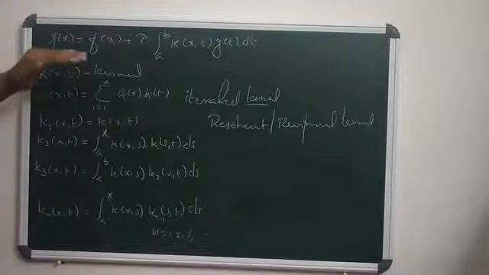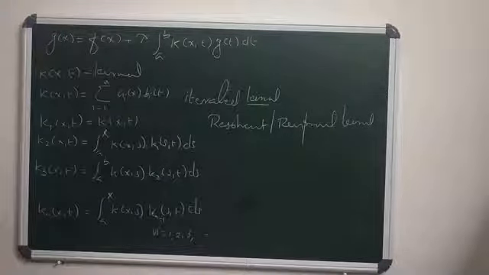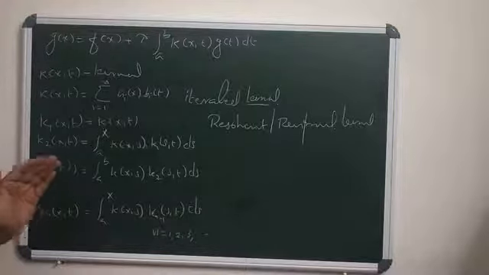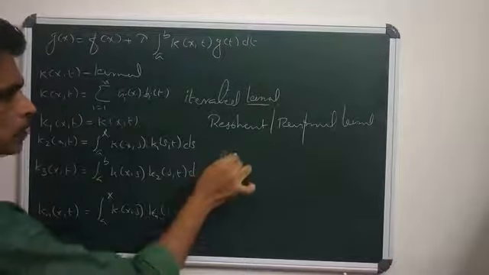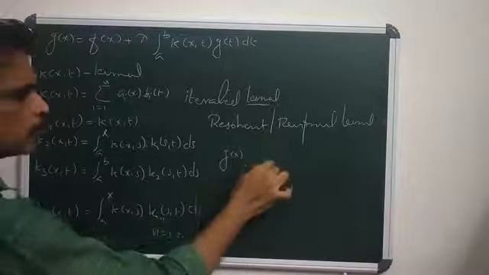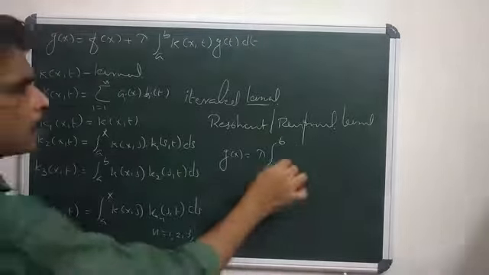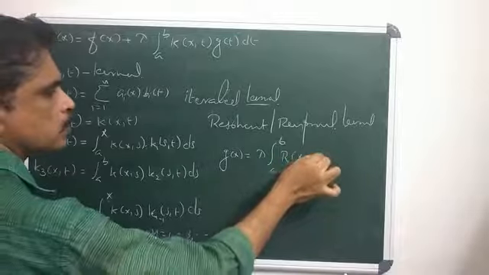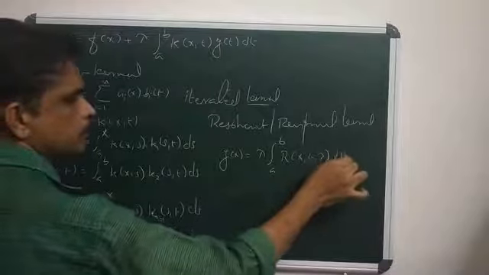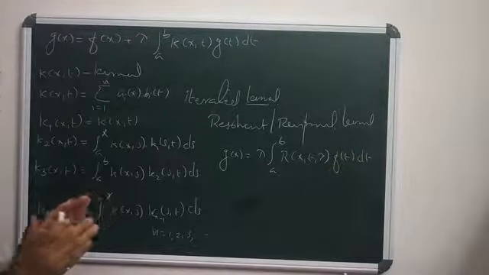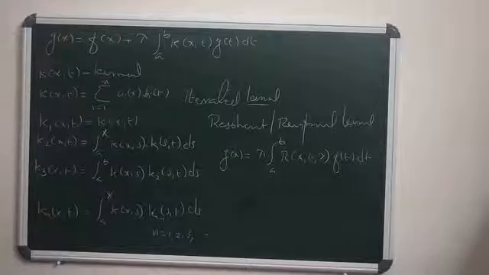Consider this Fredholm integral equation g of x equals f of x plus lambda integral a to b k(x,t) g of t dt.